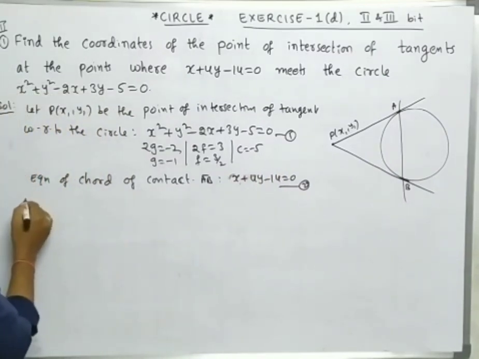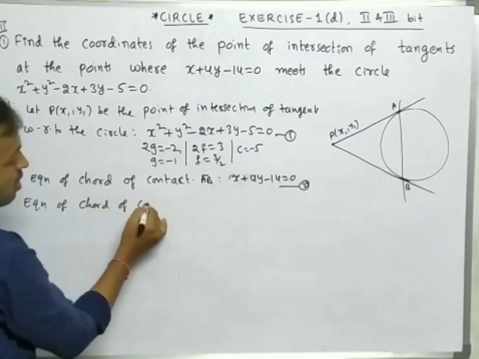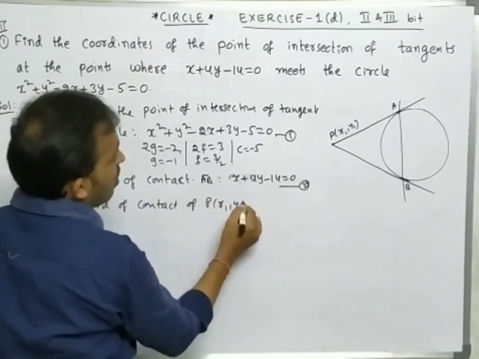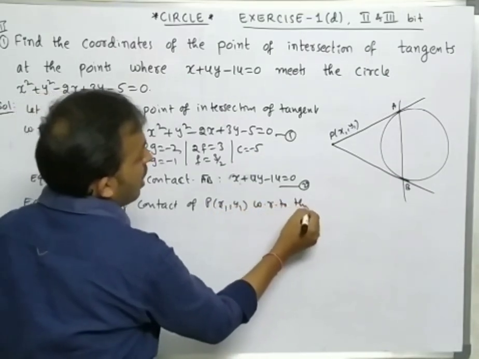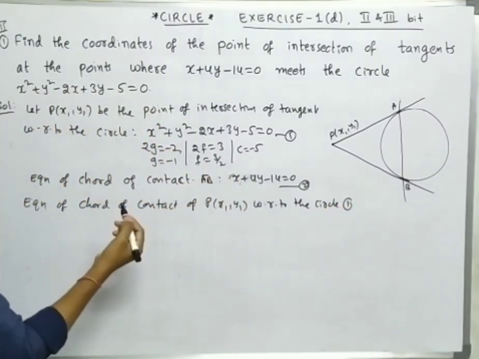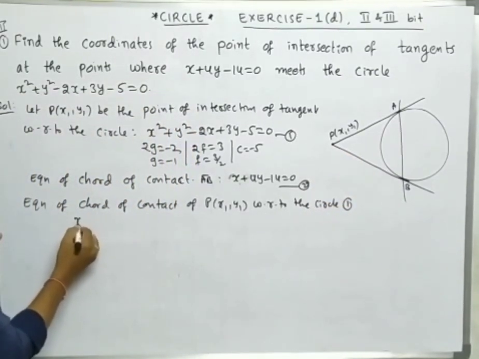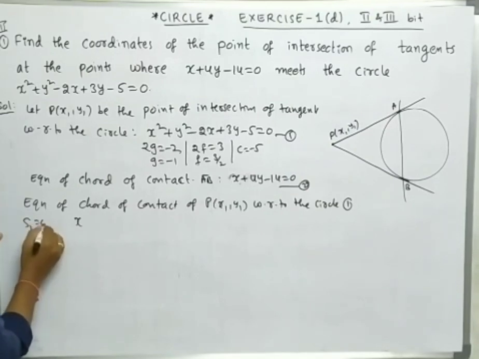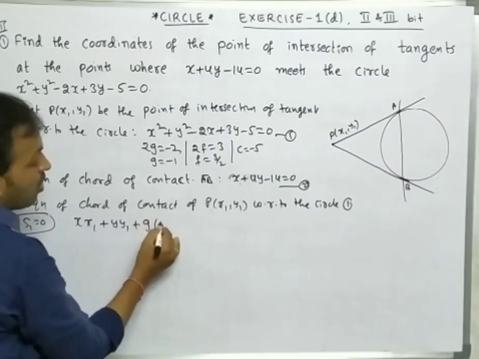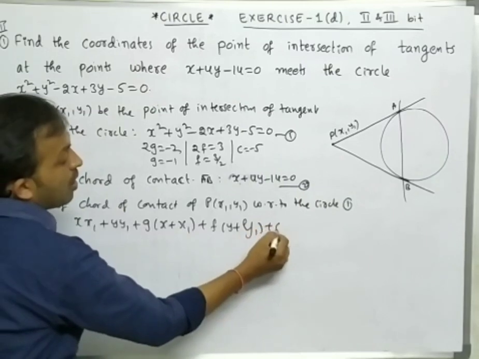Now I will find the equation of chord of contact of P (x1, y1) with respect to the circle 1. So that is S1 is equal to 0, right? x x1 plus y y1 plus g into (x plus x1) plus f into (y plus y1) plus c is equal to 0.